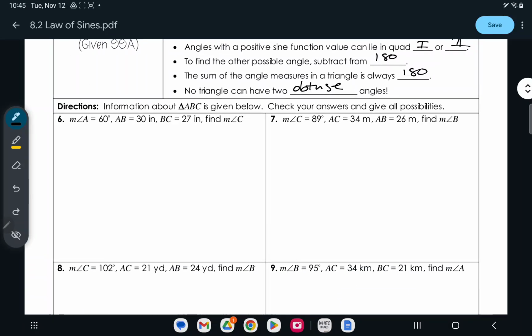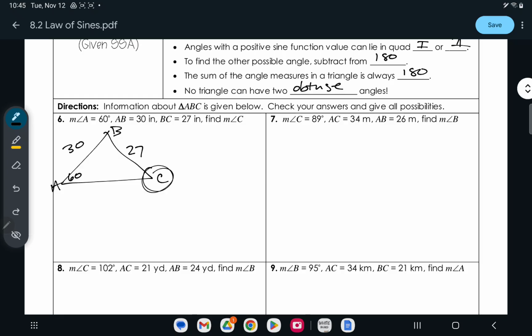So information about triangle ABC is given below. Check your answers and give all possibilities. All right, so let's check. I have a triangle ABC. So A is 60, AB is 30, BC is 27.